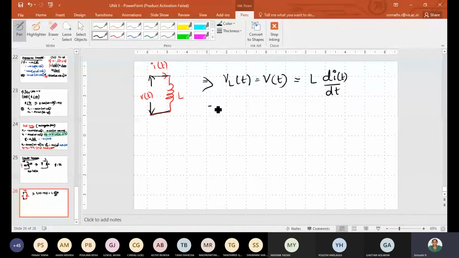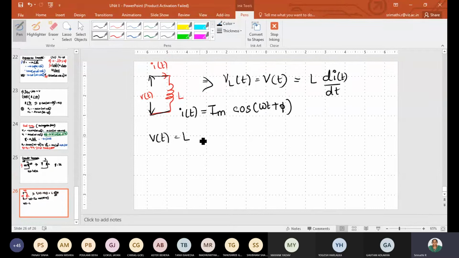So we will write I of t as Im cos of omega t plus phi. Substitute that in V of t. So V of t will be equal to L into the derivative of I of t.